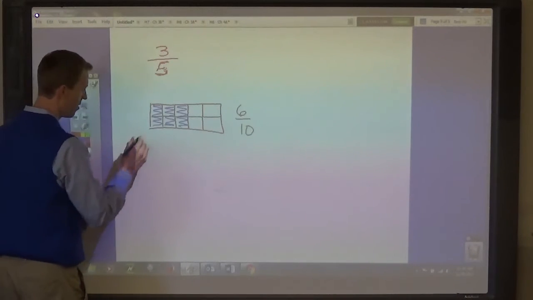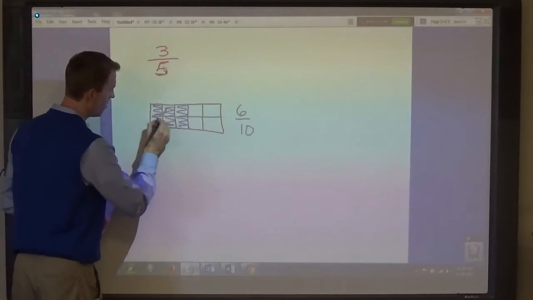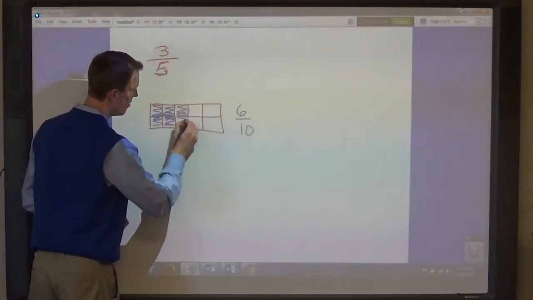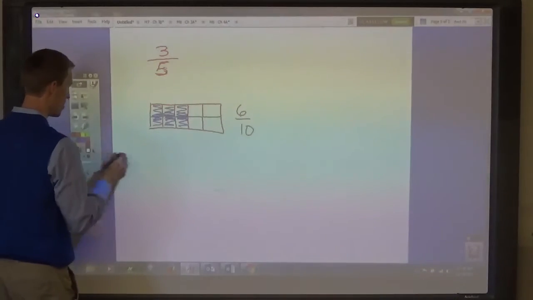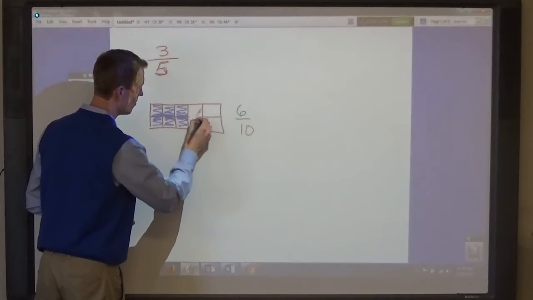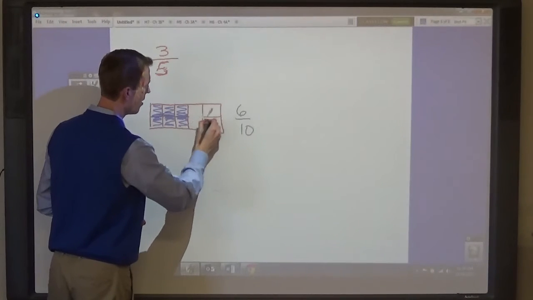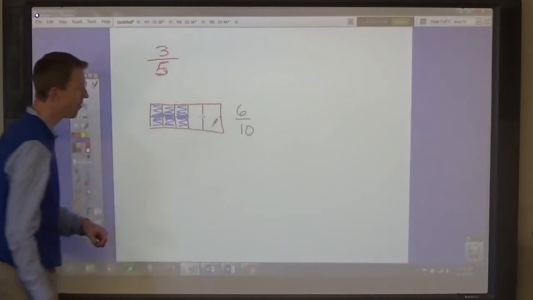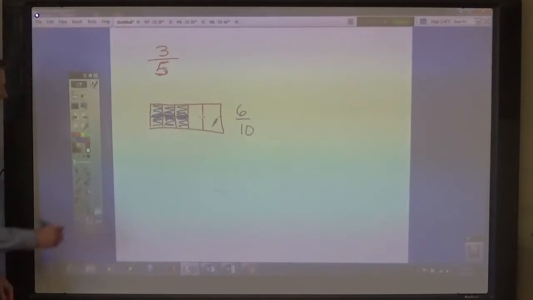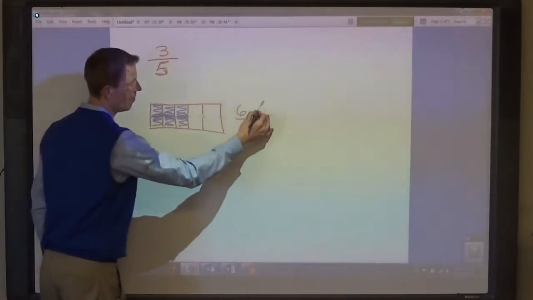I'll just do this. Getting rid of this line. Now we have 3/5. So we divided it by 2.